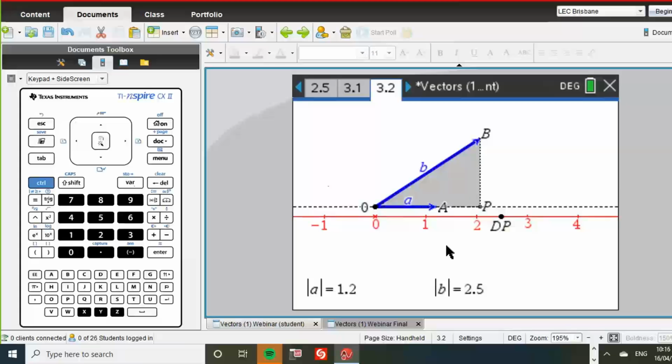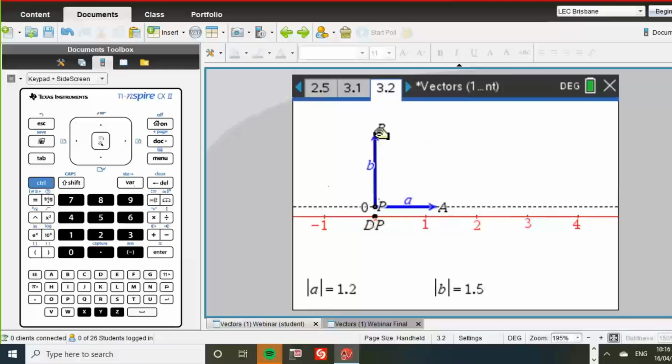What we can do is grab vector B and increase the magnitude of B, and that increases the value of the dot product. That dot product there is about 3. Now we're bringing it closer and closer. At the moment, the angle between the two vectors is acute.